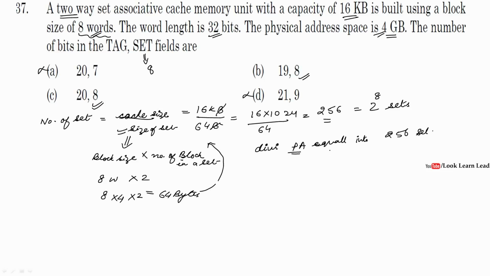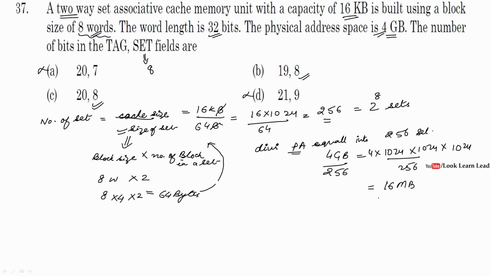That is 4 GB upon 256. 4 GB I will write as 4 into 1024 into 1024 into 1024 upon 256. When I calculate it, it would become 16 MB, that is megabyte. 16 megabyte would be my answer.